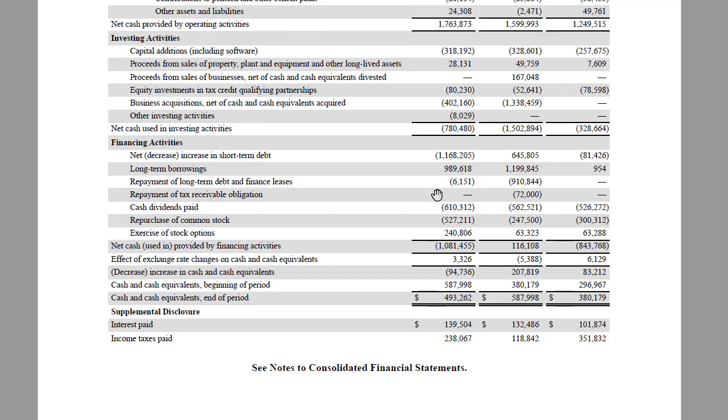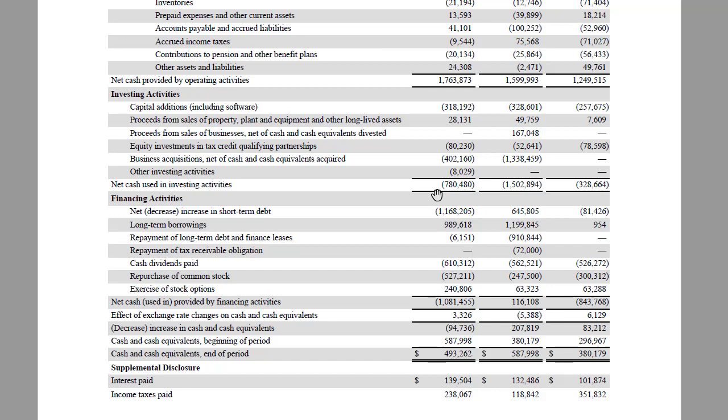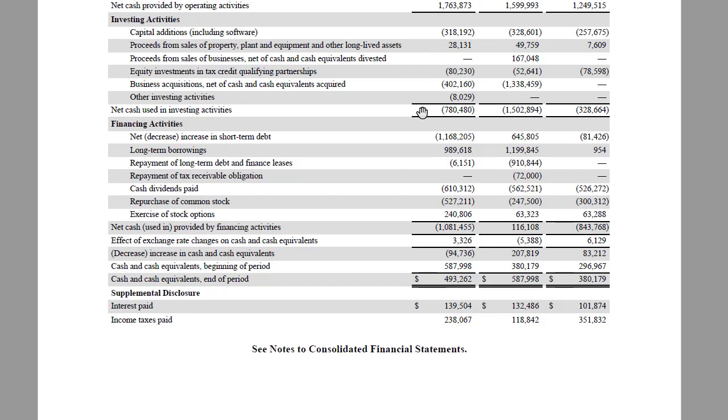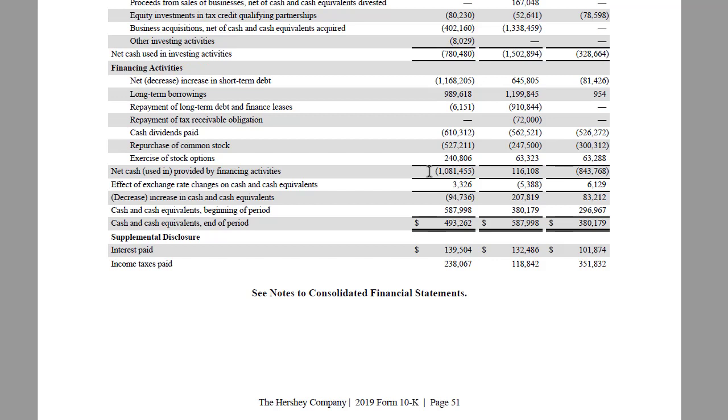So you take those three main numbers here: operating activities, investing activities, and financing activities, and those add up to the change in cash. And so you can see the change, in this case a net decrease in cash, what it was at the beginning, and what it is at the end of the period.